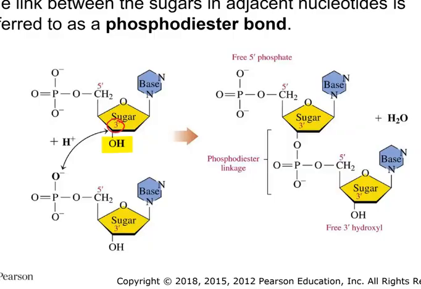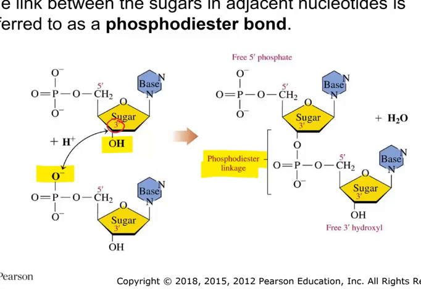It reacts with one of the oxygens on the phosphate group, forming phosphodiester linkage.